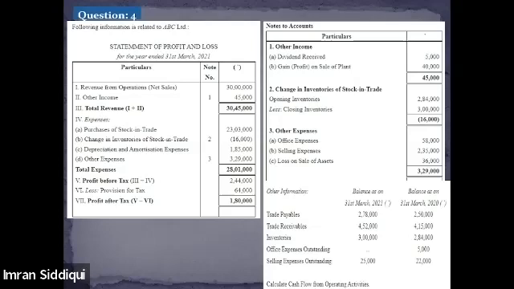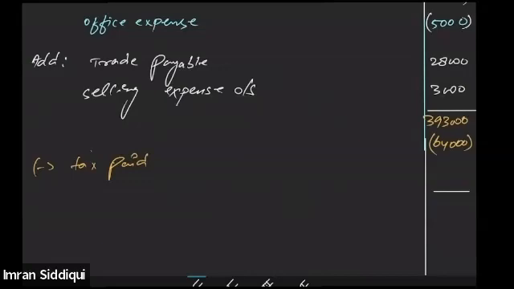Is this clear? Where did we pick up the amount of tax? I have taken it from the statement of profit and loss account, 64,000. By subtracting it, the profit that we'll be getting will be 3 lakh 29,000.